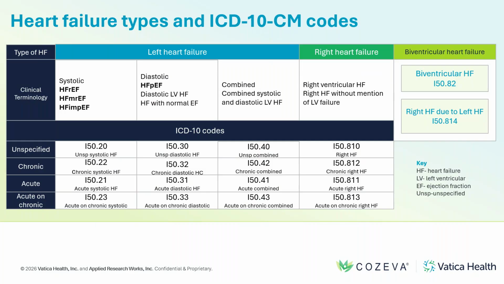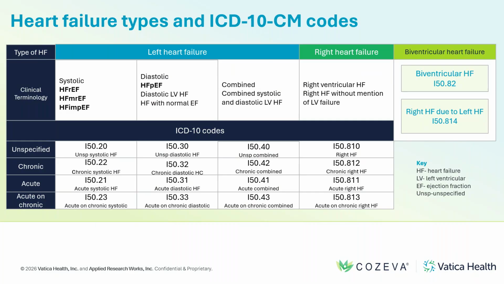And how current does the echo need to be? So again, that's a provider's clinical decision making as far as what they're going to use. I can tell you that just from Vatica chart review, we will take diagnostic studies up to 5 years old to present to the providers and let them determine if it's an active medical condition. I certainly hope if we have a patient with heart failure, we're probably getting these echoes at least every 1 or 2 years.